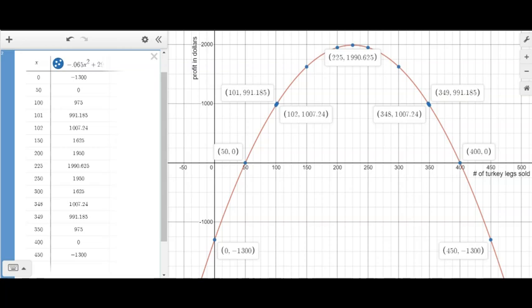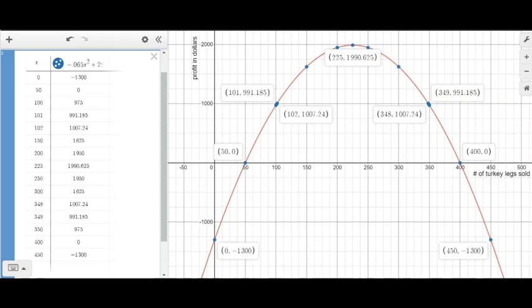So from 51 legs up to 224 legs would be increasing our profit up to our maximum profit. Anything from 226 legs down to 400 legs would be decreasing our profit. And so again, our maximum profit occurs there.